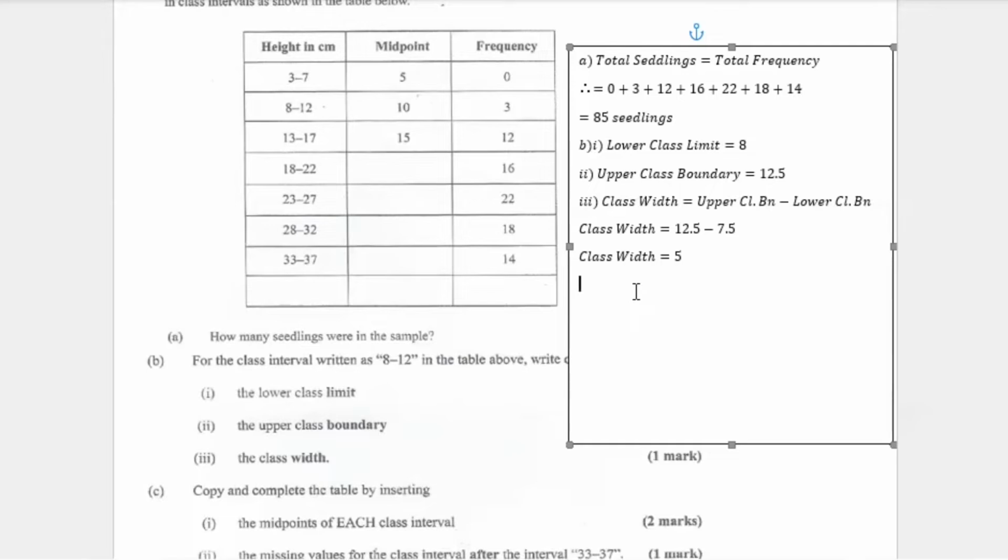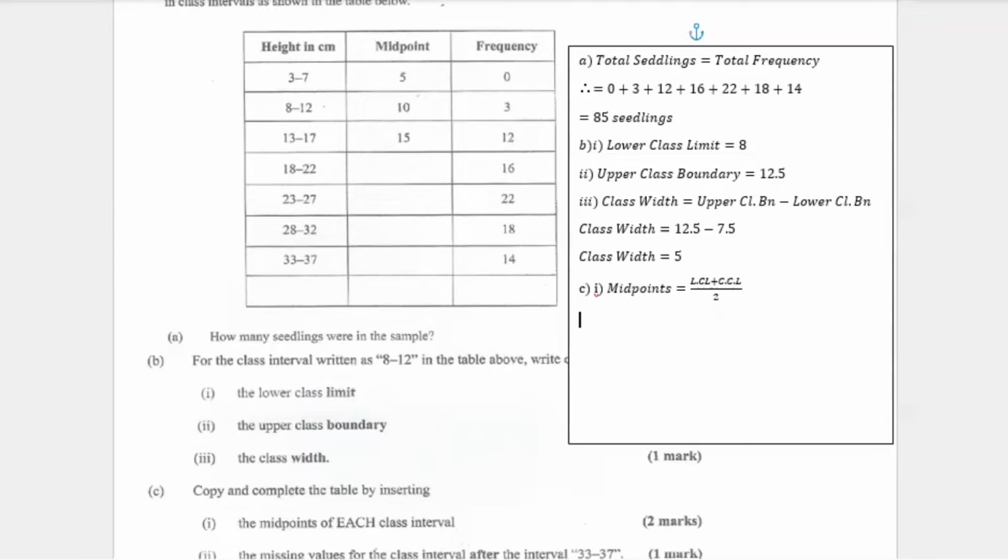So it says complete. Let's look at the first 3 that they did. So this is C part 1. We're saying midpoint is equal to lower class limit plus upper class limit, and we're going to divide that by 2.